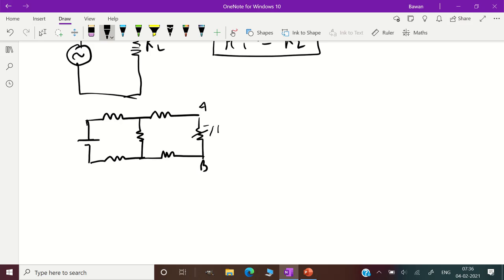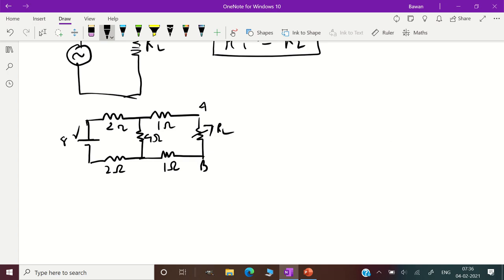This load is changeable, so it can be variable, so it's given by an arrow RL. So let us quickly look at that: 2 ohms, 1 ohm, 4 ohms, 1 ohm here again, 2 ohm, and the source is 8 volt.